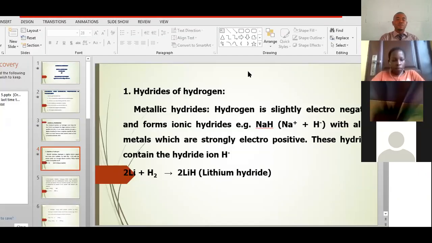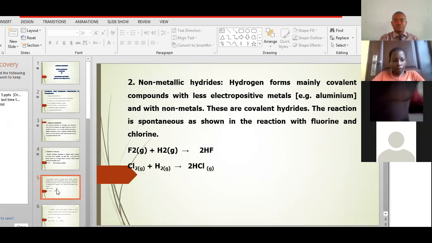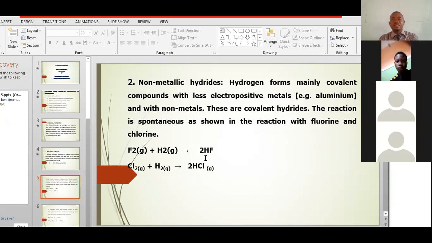Now, let's move on to another chemical property of hydrogen, though still on the hydrides. We say that with non-metallic hydrides, when hydrogen gives out electrons to any non-metal, e.g., group 7 elements, they form a covalent compound.